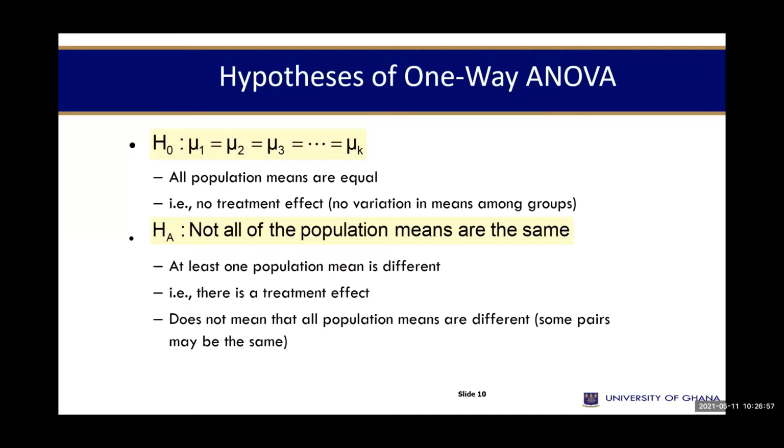So you see it's the alternative indicating that not all the population means are the same. That is to say that at least one population mean is different from the other. Means that mu1 may not be equal to mu2, or mu1 may not be equal to mu3.